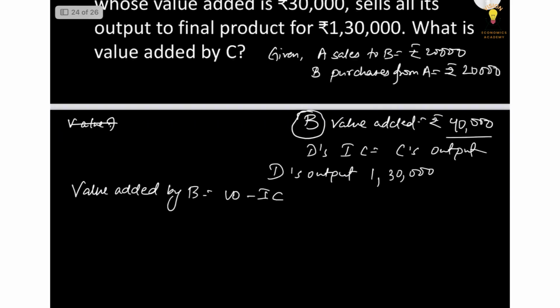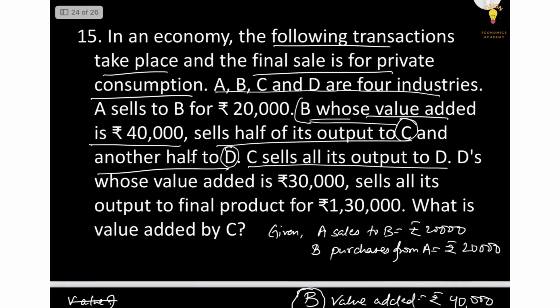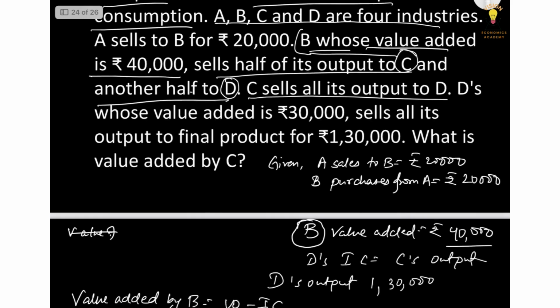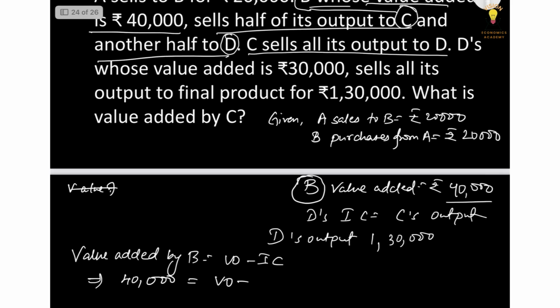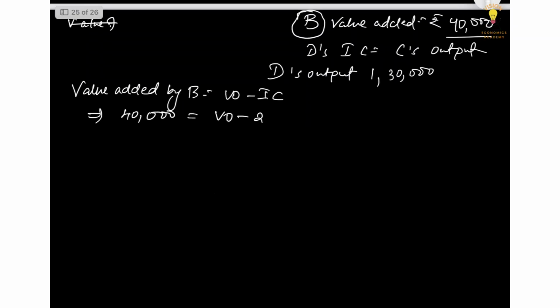Value of output we don't know, value added we know is 40,000, minus intermediate cost. B purchased from A worth 20,000, so that is its intermediate consumption. So value of output of B is 60,000.